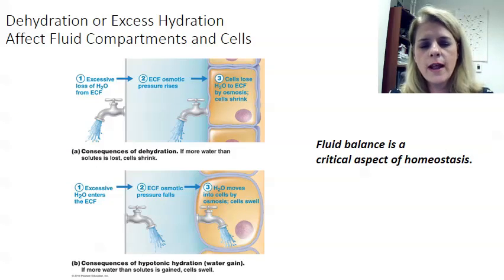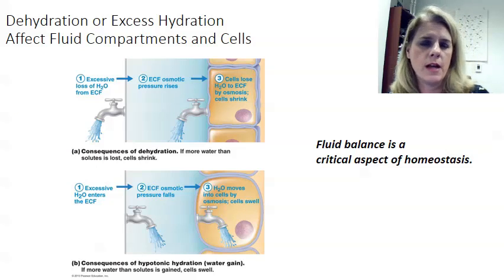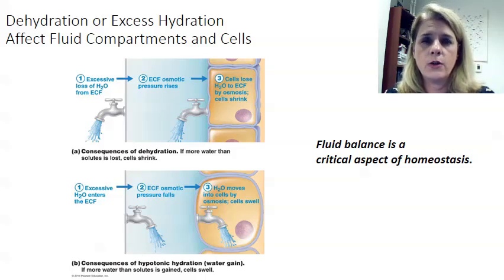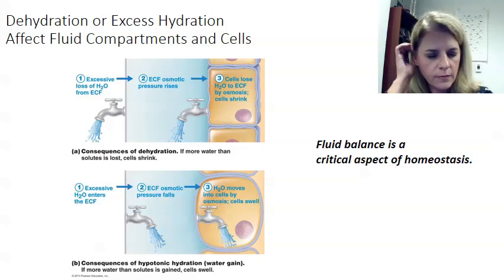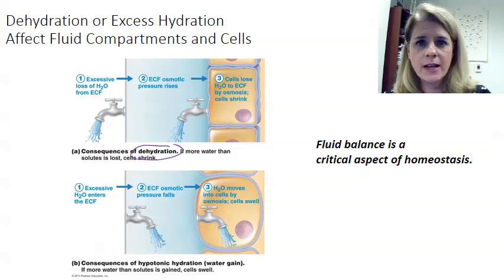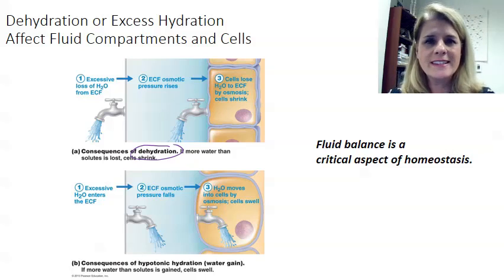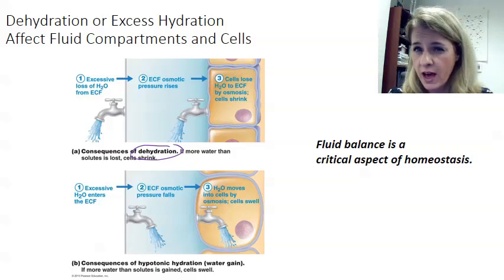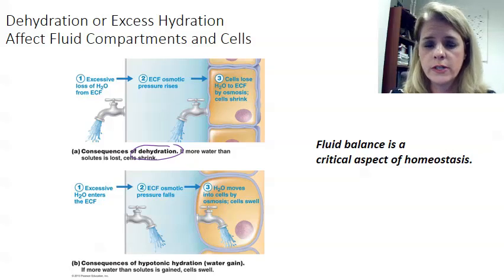All right, so what happens if you do become dehydrated or you do become overhydrated? So let's just say you're somewhere and you haven't had anything to drink. So you're in a dehydrated state. What's happening? If you're in dehydration, so you're not getting enough water in, remember, we're going to lose water regardless, okay? Your kidneys are going to keep functioning, making some urine. You're still breathing out. You're still losing water from your skin.